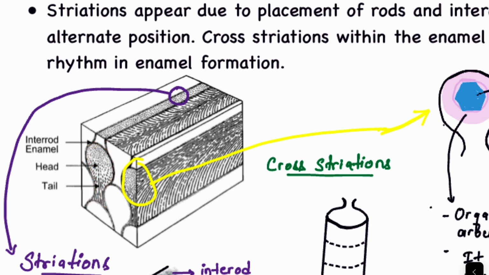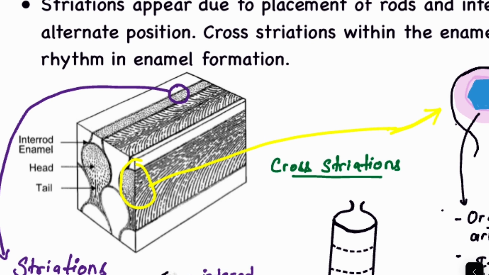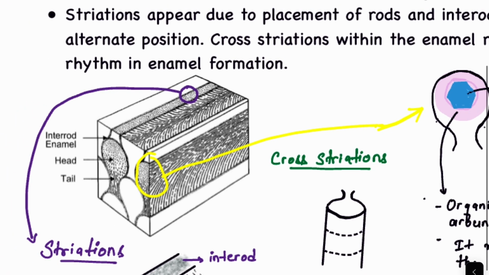Now there are also some striations visible. If I take a picture over here, you will see there are two kinds of substance. One is this and one is this. So this is interrod material, the line, and then this whole area is the enamel rod.